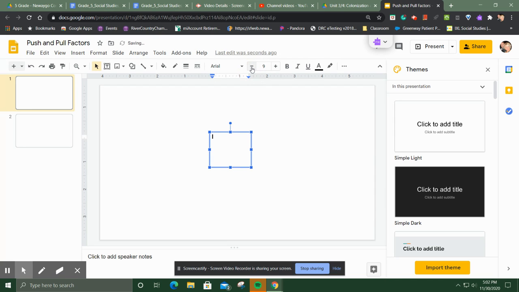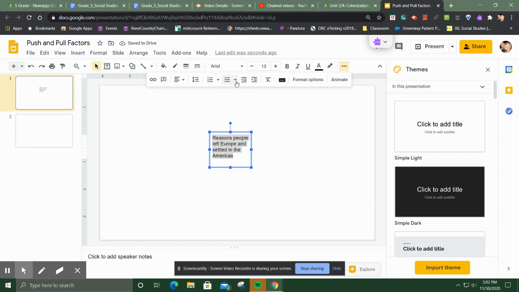The Americas meaning North America and South America. I'm going to make this a little bit bigger because it's our main topic here, and center it for you. There we go.